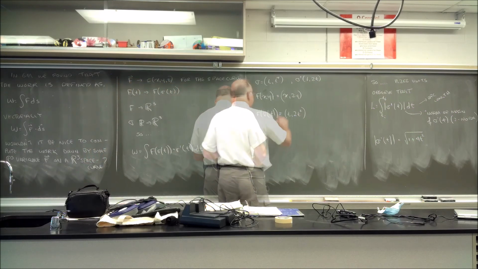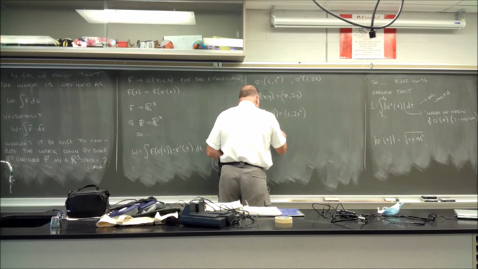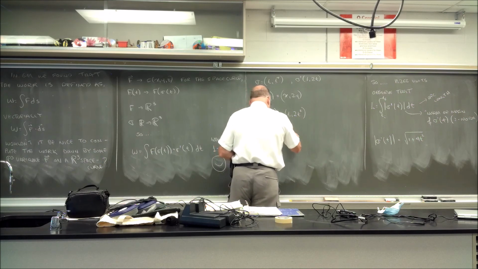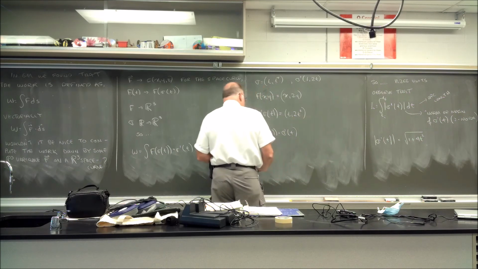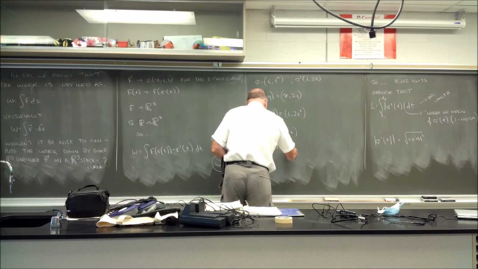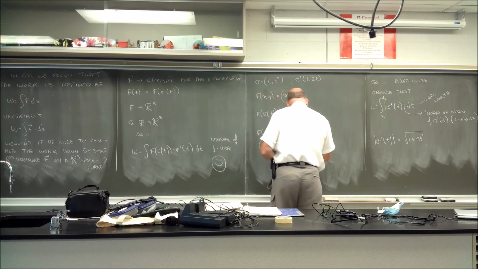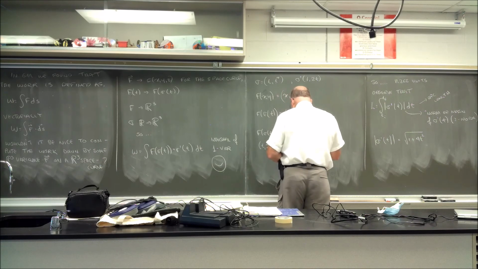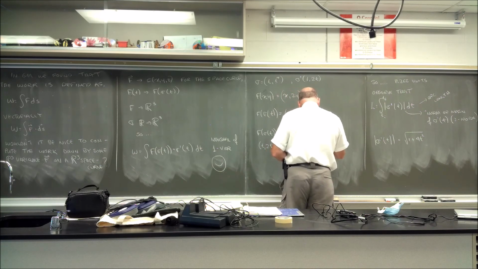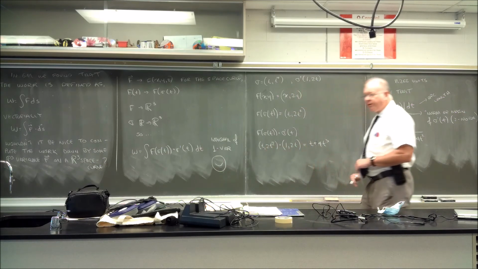Now, we already know the sigma prime of t, we've done that one. So our integrand is going to be f of sigma of t dotted with sigma prime of t. So let's see what that looks like. We're going to have t comma 2t squared dotted with 1 comma 2t. And when we're finished, we're going to have t plus 4t cubed as our integrand.